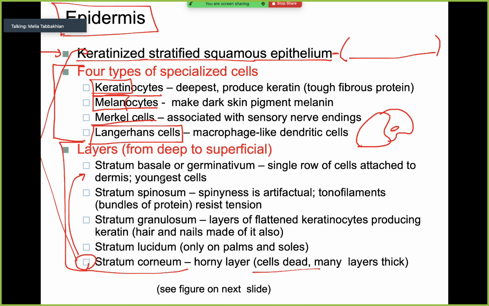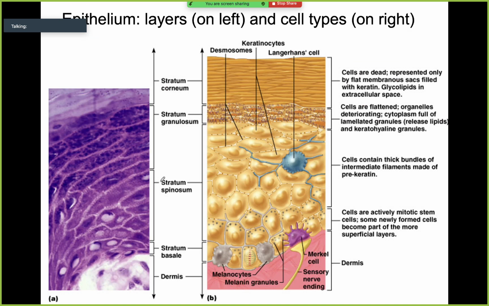We're going to go through these layers, and I'm going to show you what they look like here. So let's say this whole thing is your epidermis. We've got the dead skin cells here, so the keratinized stratified squamous epithelium, and down here are the non-keratinized ones. Starting at the top, layer 1, stratum corneum.